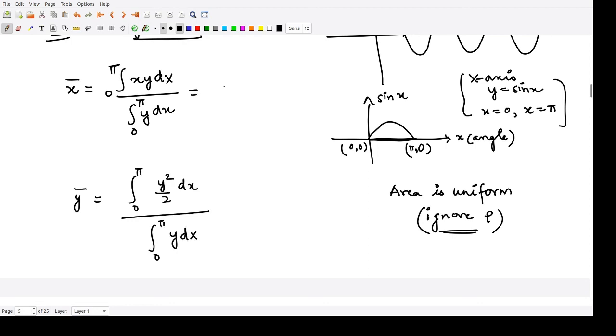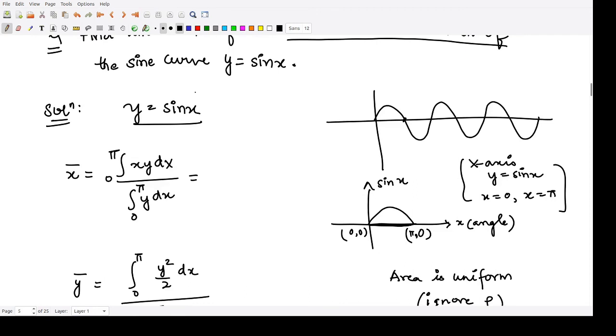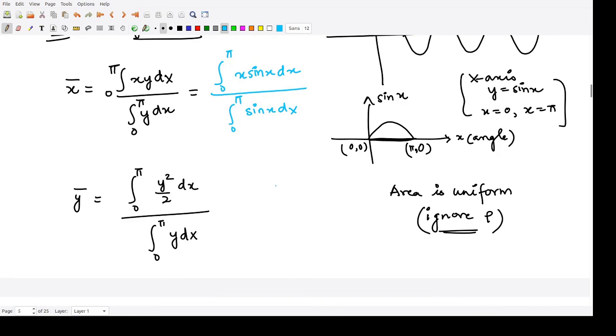So let us simply calculate this. Wherever you see y, you will just replace that by sin x. So it would be integration from 0 to pi x sin x dx divided by integration from 0 to pi sin x dx.